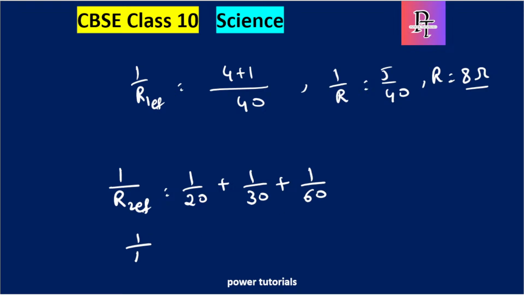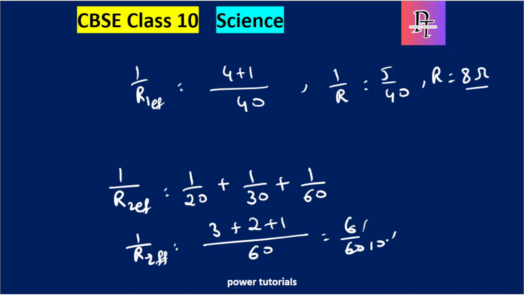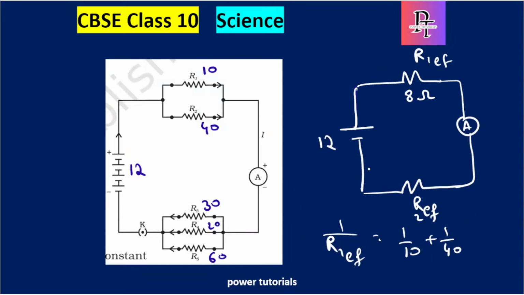If I take 60 as the LCM, 20 3s are 60, 30 2s are 60, and this is 1, which is 6 by 60, which is 1 by 10. So R2 effective, I can say, is 10 ohms.